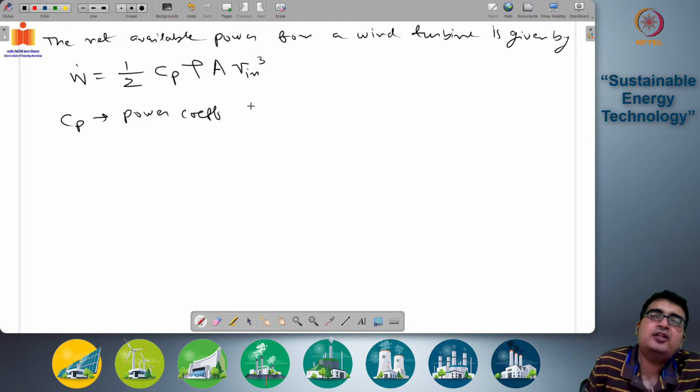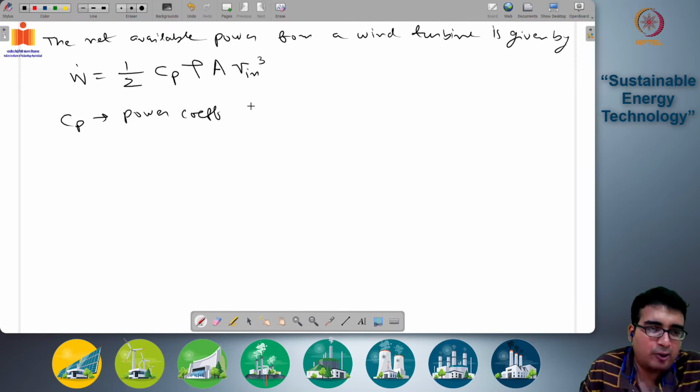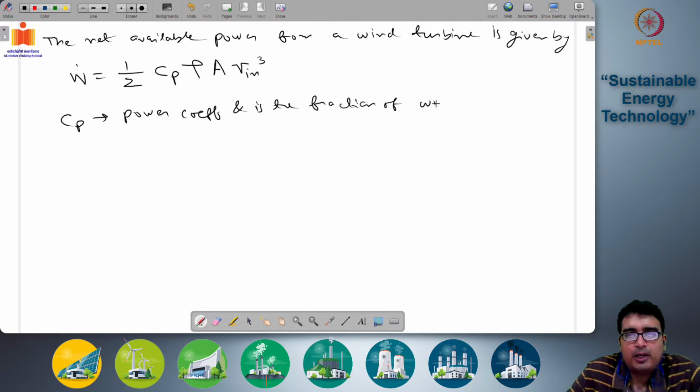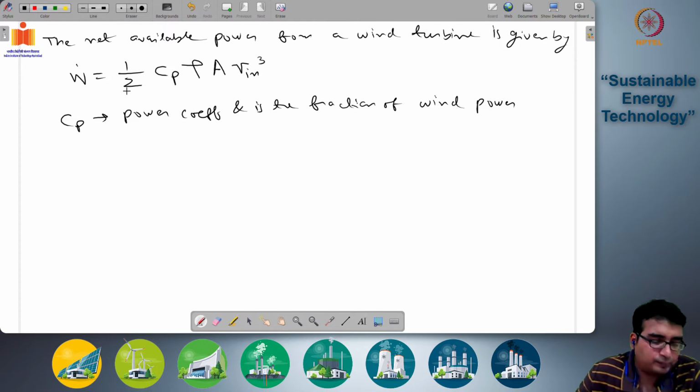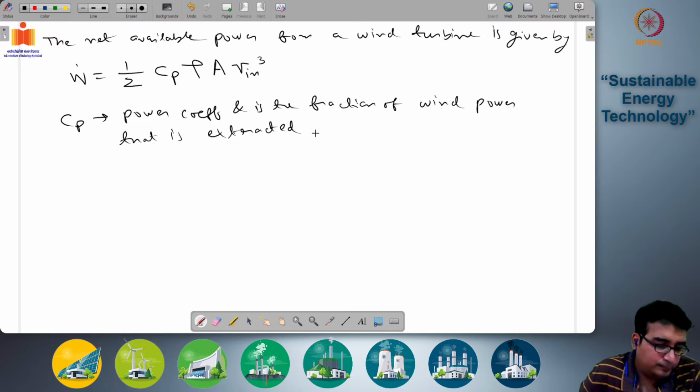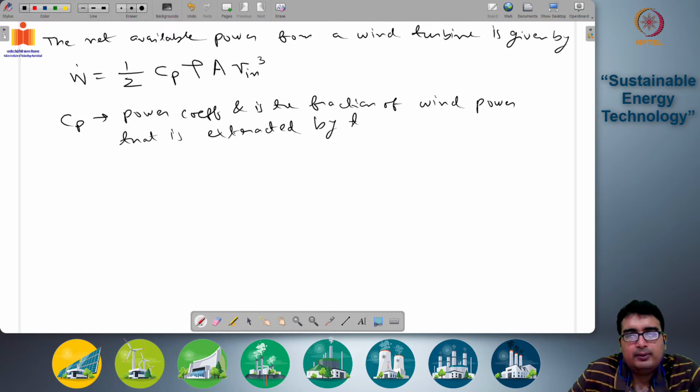Basically the efficiency eta, we are calling it power coefficient because that is what is used in the literature, and it is the fraction of wind power that is extracted by the turbine.